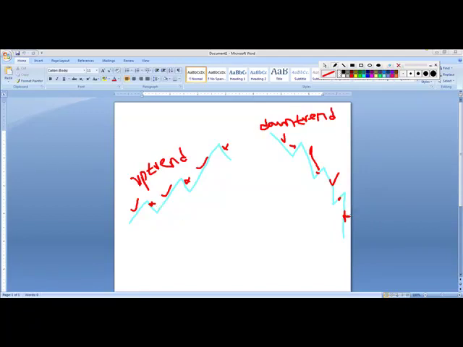Now as the market is moving, these areas where the market pauses are swing points. Swing what? Points. Here, here, and here, right?